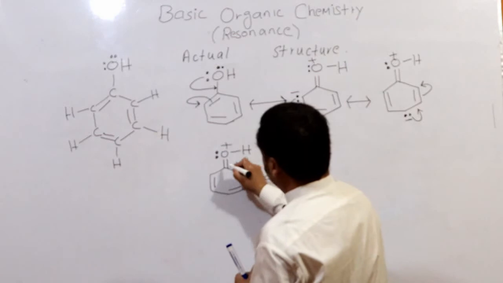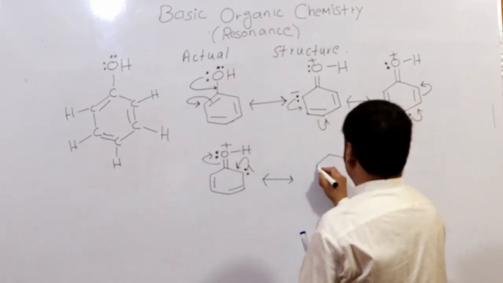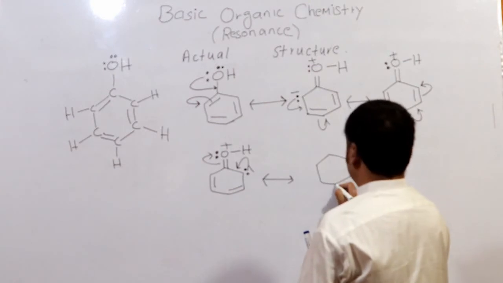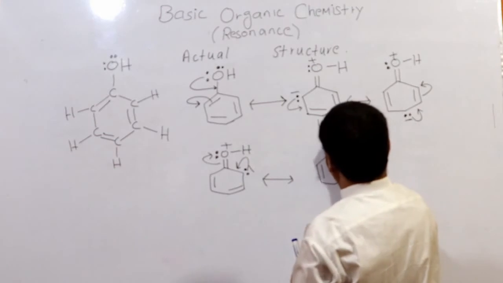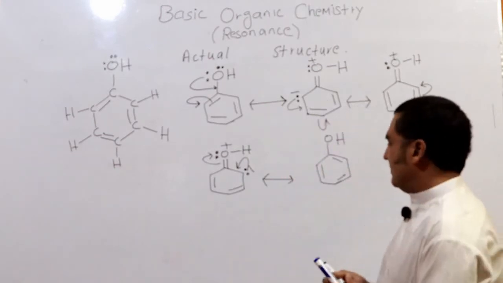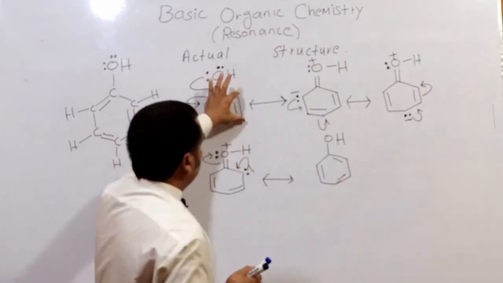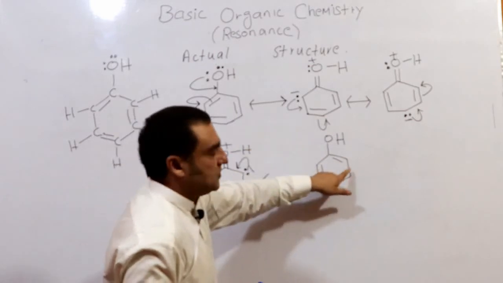When it comes, it will again move to the oxygen, and you will just see the first structure, okay, but with a little bit of difference, because now when those two electrons were there, a double bond was here, but here the double bond is not here, it is now here, okay.